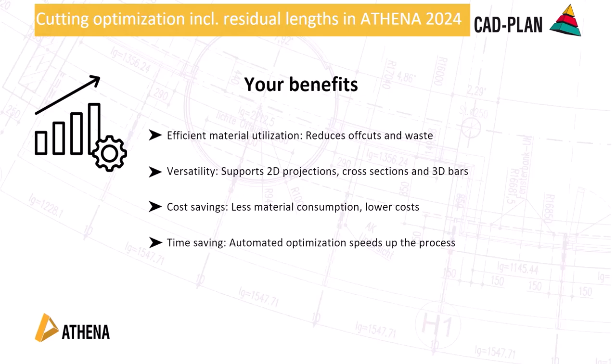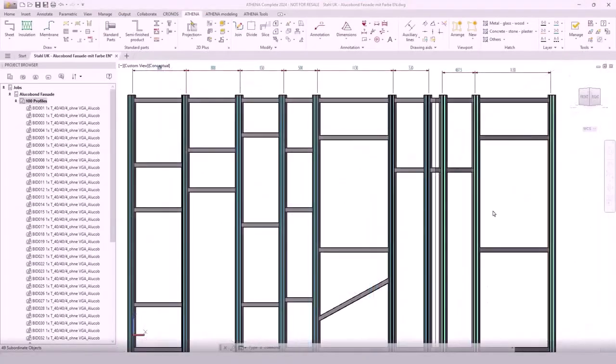It supports 2D plus projections, cross sections, and of course Athena 3D constructions. Also, cost savings are another big factor. So I repeat, less material consumption, lower costs, and last but not least, time saving, because our automated optimization speeds up the process significantly.